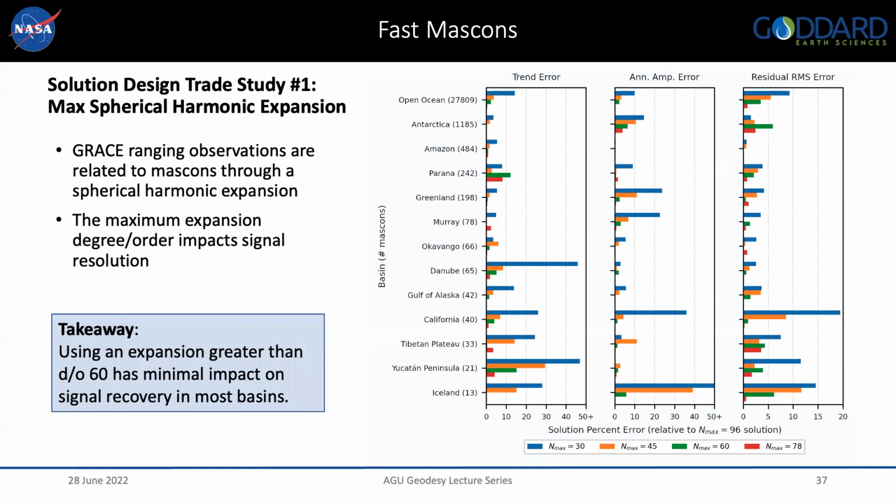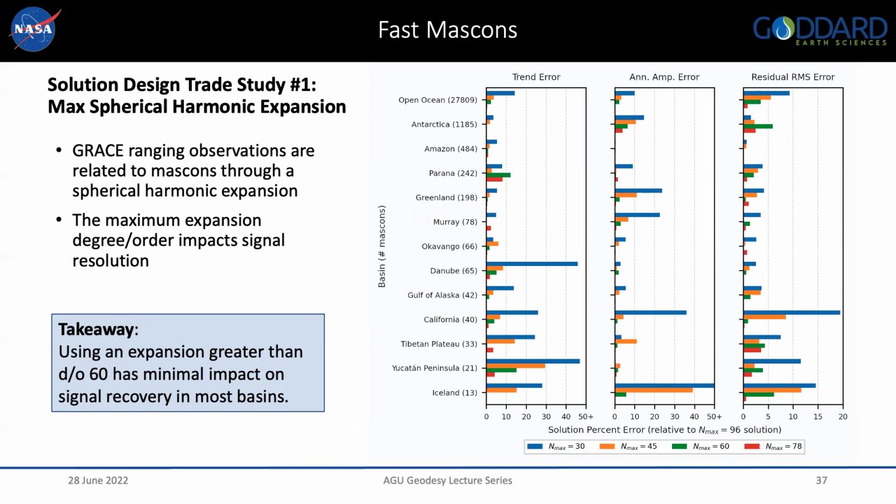So then to round out that paper, we took the method, we showed that it worked, and we said, let's apply this to two trade studies that can help us answer some lingering questions about past and ongoing mascon solution development. First, the Goddard and CSR mascons map GRACE ranging measurements to mascon space through that spherical harmonic expansion that I mentioned before.